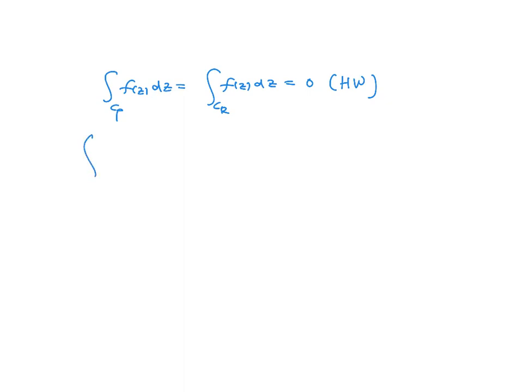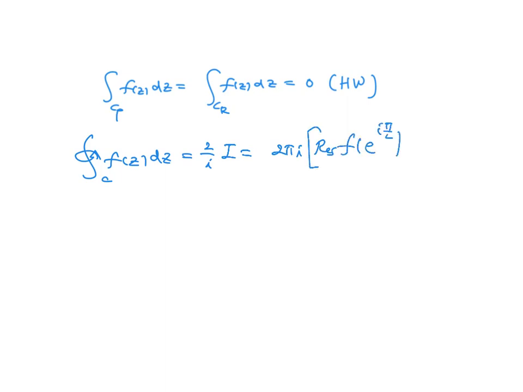So this becomes actually 2 over I times I is 2 pi I residue f exponential I pi over 2, residue f exponential 3 pi over 2I.